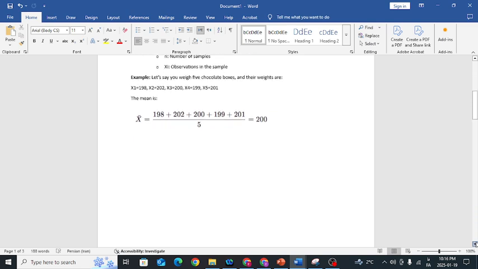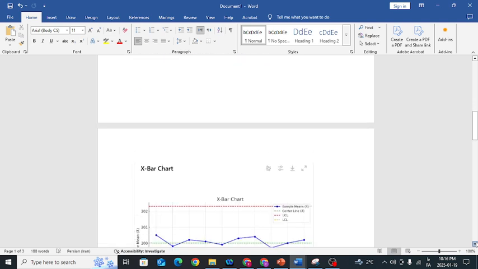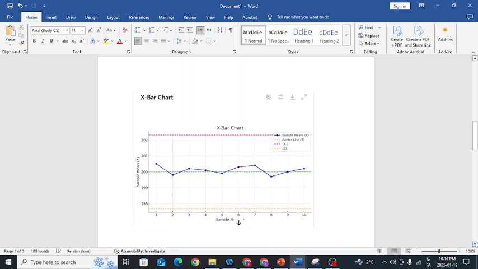So for the next one, before starting, this is the chart for the X bar, and you can see all the things that I have explained for you.